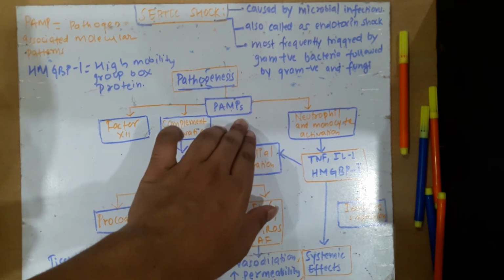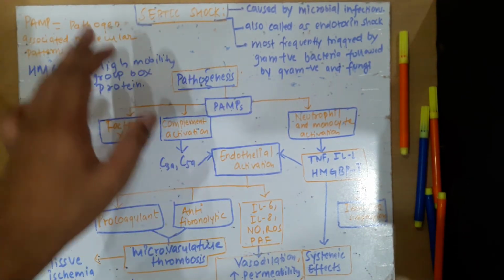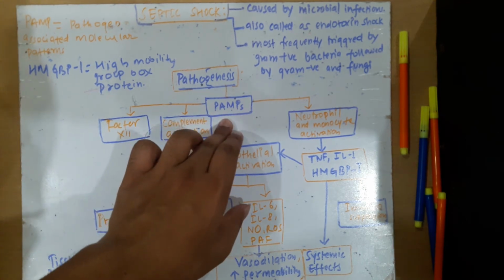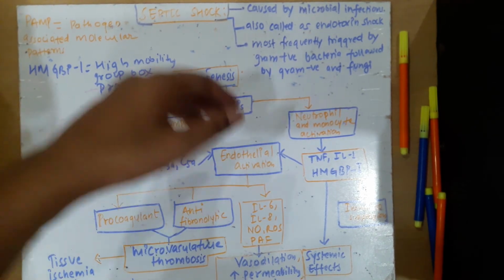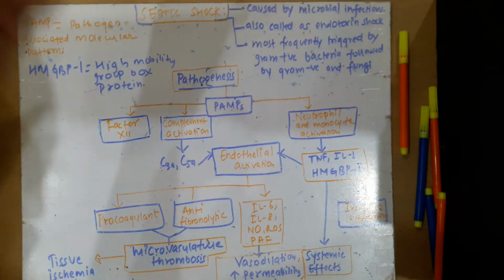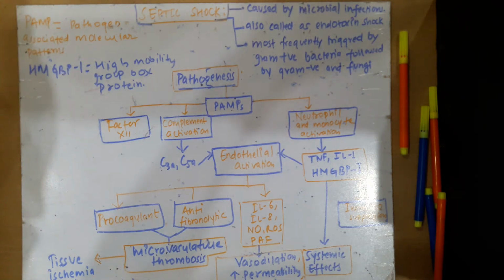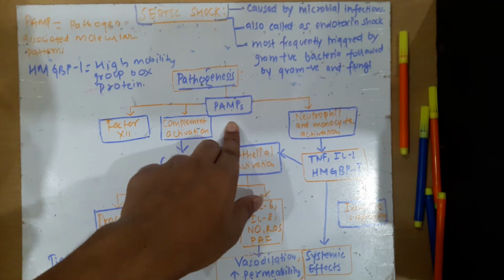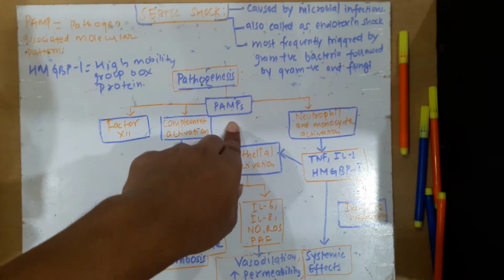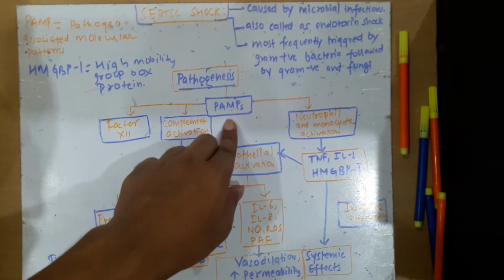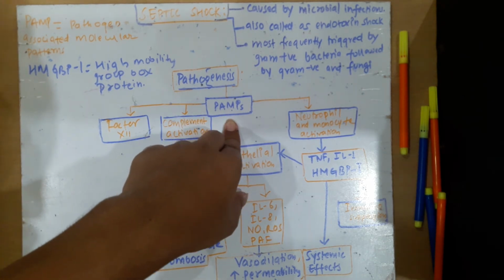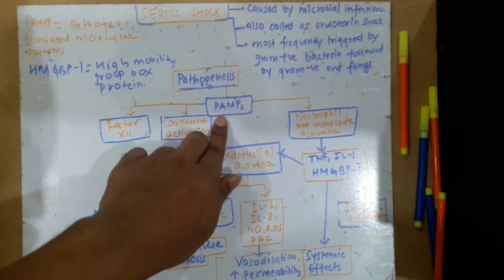So overall, after detection of PAMPs, pathogen associated molecular patterns, by the cells of the immune system, which include G-protein coupled receptors and toll-like receptors, a downstream signal is generated that initiates inflammation, okay. And the immune cells now get activated due to these pathogen associated molecular patterns.